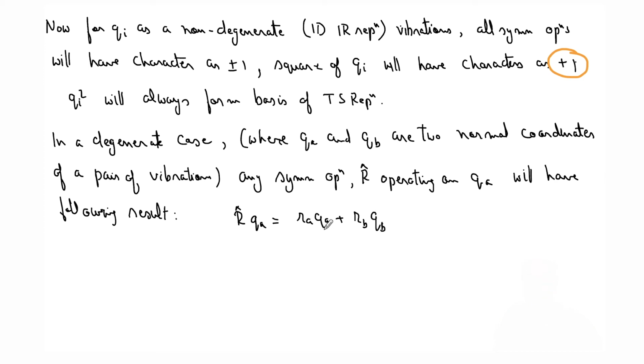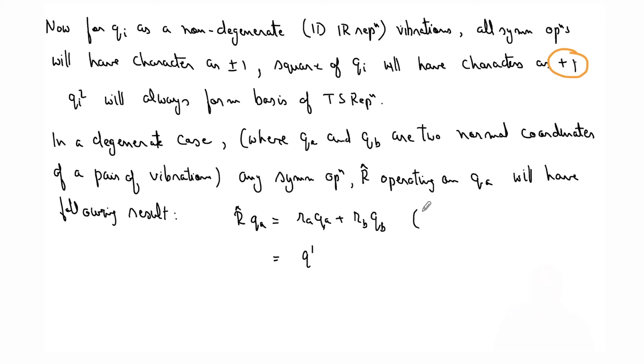Why linear combination? Because both of them are forming the basis of that particular IR representation, right? It's a degenerate representation. So for example, if you apply C3 on X, and if X and Y together are forming basis, you will get some combination of X and Y, right? RA and RB will be those coefficients, right? So you can say that this is my Q prime, let's say.